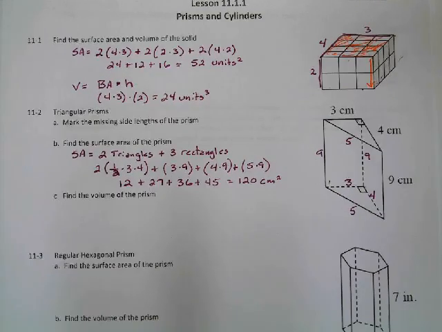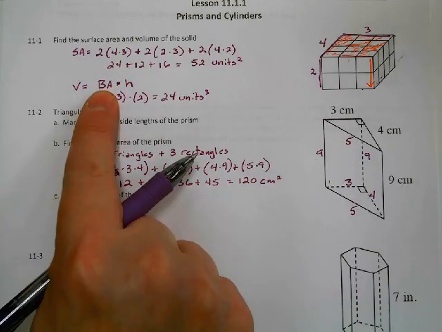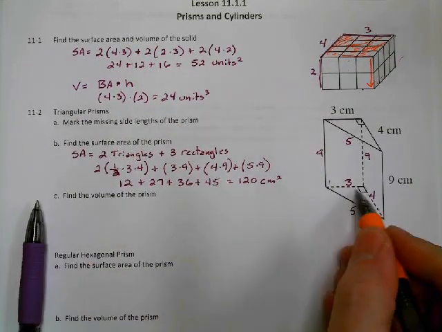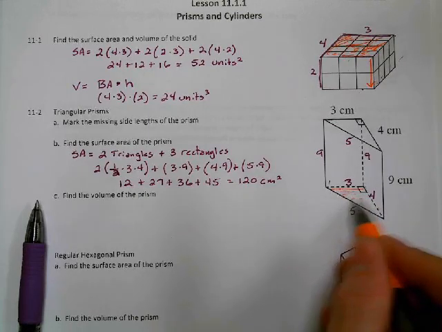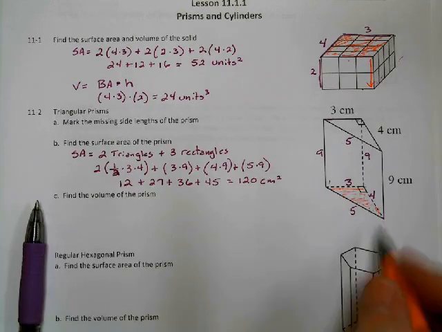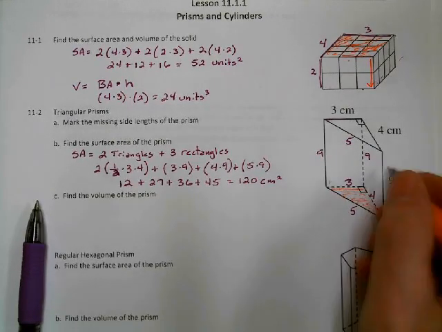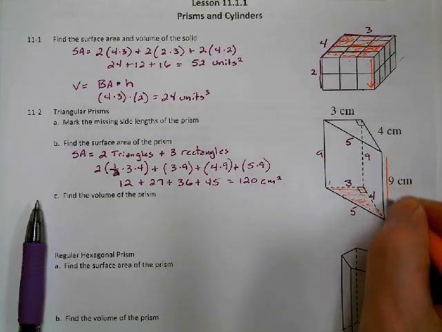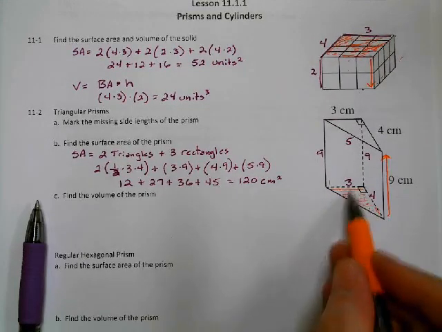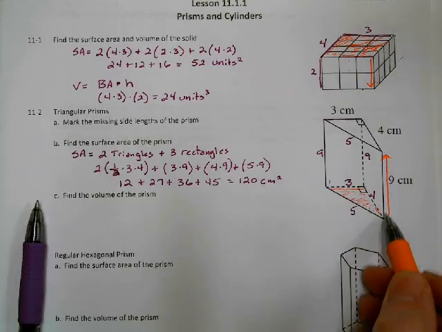All right, now let's find the volume of the prism. Like we said before, in the volume, we're going to look at the area of the base. Our base is a triangle because it's a triangular prism. And then I'm asking myself, how much can I fill up that shape with that base? So I'm going to take the area of the triangle and fill it up 9 times because that's the height.